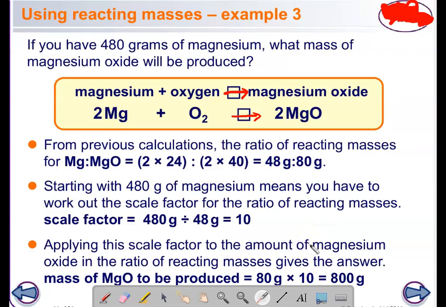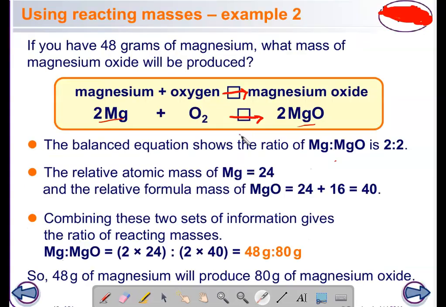Let's look at another example here. If you have 480 grams of magnesium, what mass of magnesium oxide will be produced? In the previous example, we were given 48 grams of magnesium, and we worked that out to get 80 grams of magnesium oxide.